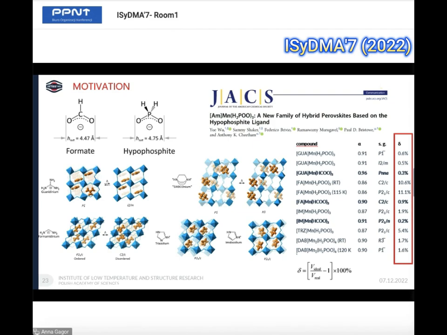So depending on the cation, we can switch the crystal structure, and it should also respond with some phase transition, probably to ferroic states, as the temperature is lowered.